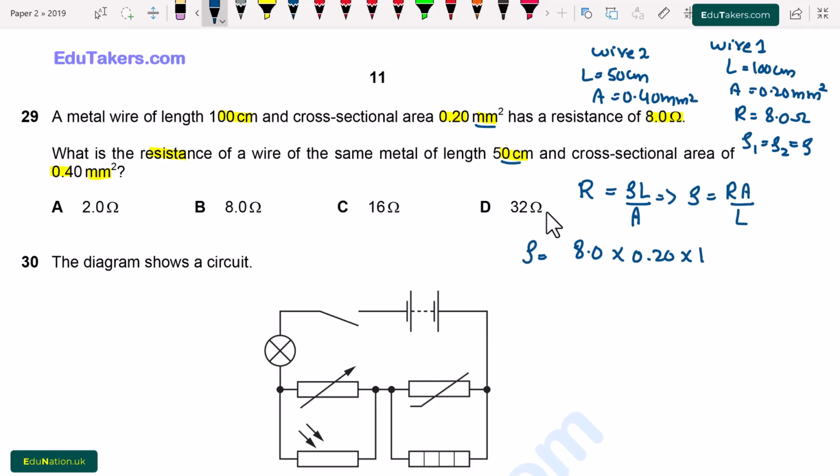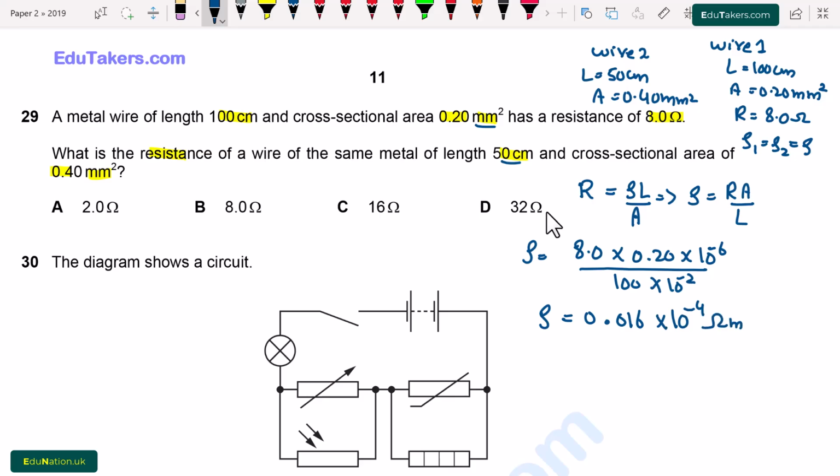So there will be 10 to the power minus 6 divided by length, which is 100 centimeter, and we have to convert this length into meters. So there will be 10 to the power minus 2. Then the resistivity will be equal to 0.016 multiplied by 10 to the power minus 4, and the unit is ohm meter.